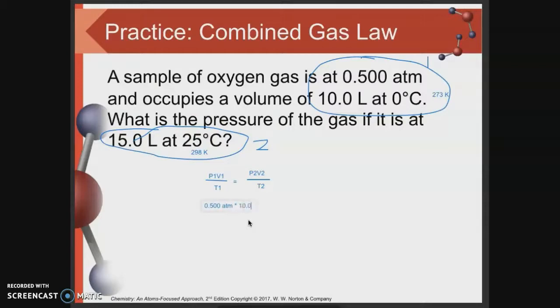Initial volume was 10.0 liters. Initial temperature was 273 Kelvin. And my final pressure, I don't know. My final volume was 15.0 liters. And my final temperature was 298 Kelvin.